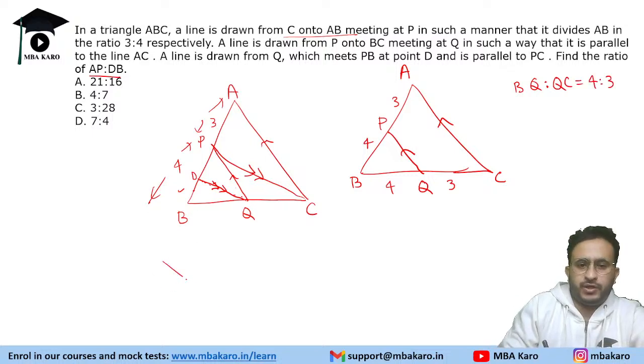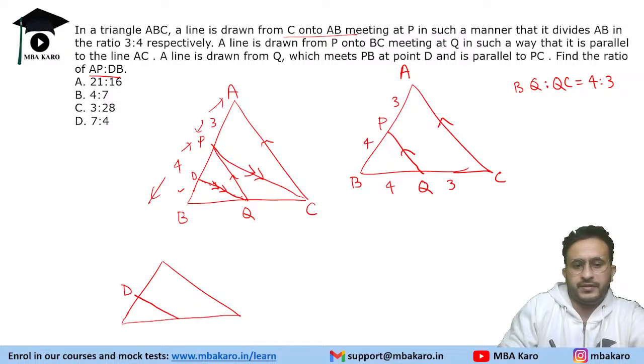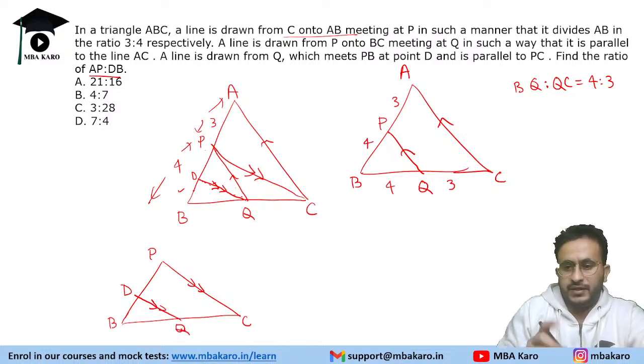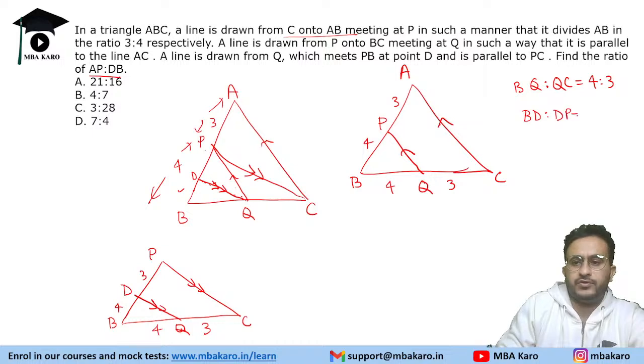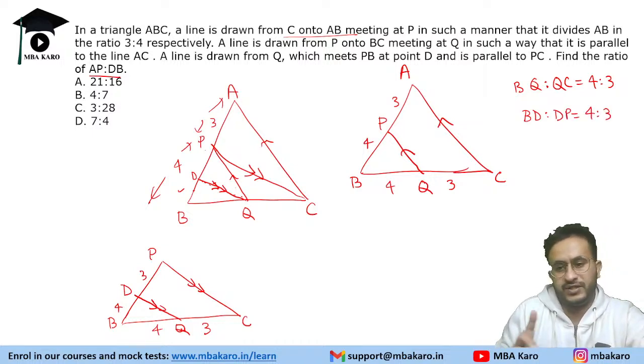Now we will take this smaller triangle, and here we have Q and this point D. By smaller triangle I mean this is P, this is D and this is C. Now this side PC is parallel to QD. Now these sides are in the ratio 4:3, so BD ratio DP will also be 4:3. Okay, so these are similar triangles.